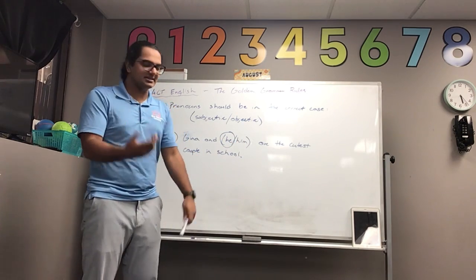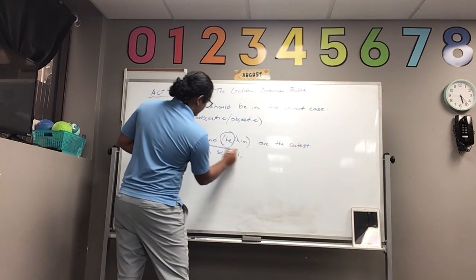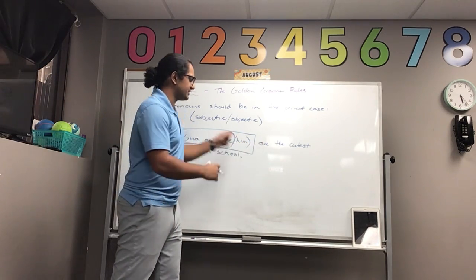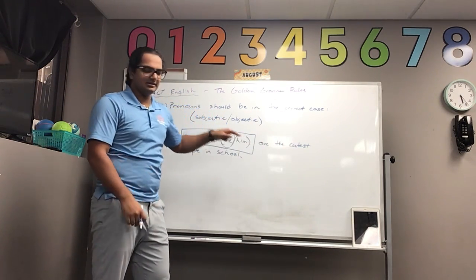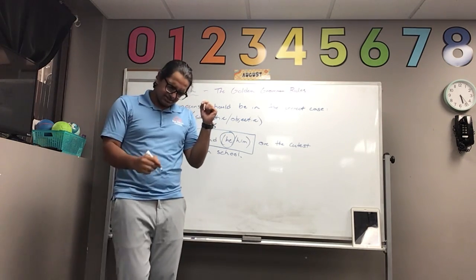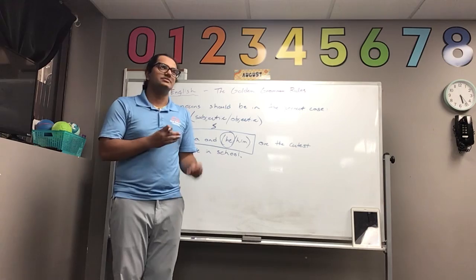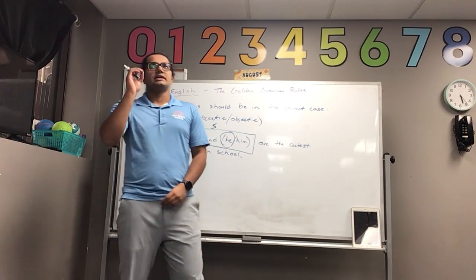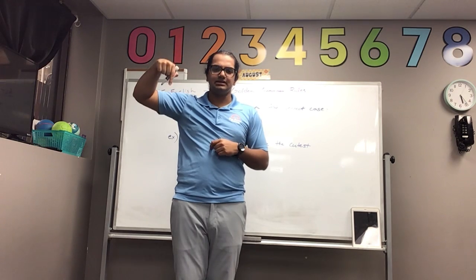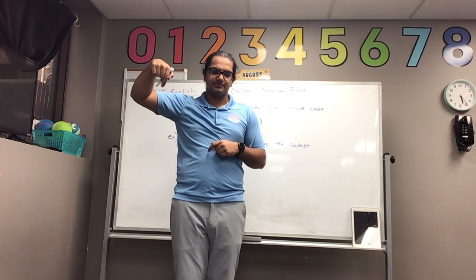However, if you follow the process, right? Okay, this is what I'm looking at. Gina and he are, okay, so they are acting on something else, right? This is the subject of the sentence. Okay, now I need a subjective pronoun. Is it he told him or him told he? He told him. So he is subjective, right?